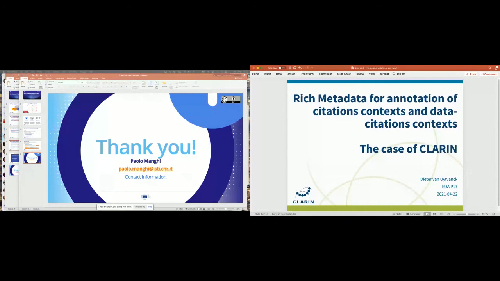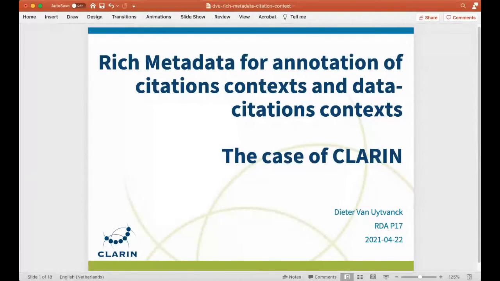Okay, so I'm glad that I can give you an introduction today on the importance of citation context and being able to annotate that from the context of Clarin. I hope you can actually see my screen, because I'm sharing a window and it says here publishing your desktop. Okay, good, very good.